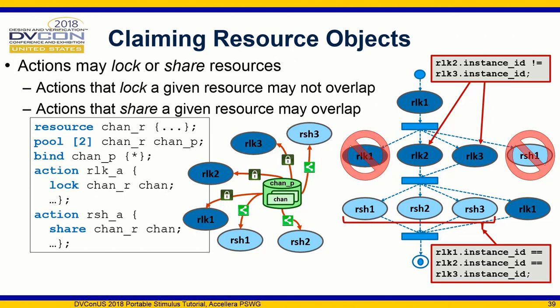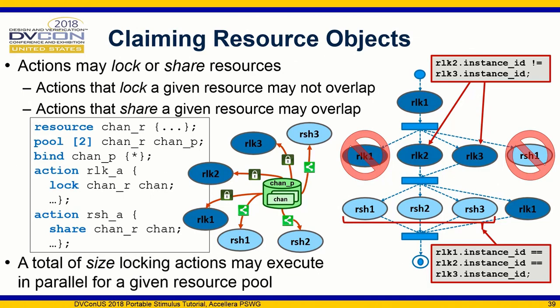Okay, so that's really what we have here. So again, there's a set of rules that you can use to define how can I customize my scenario based on the set of stuff that I have available in my system. So a total of size locking actions can execute in parallel for a given resource pool. And then you have the shares that you can fit in as necessary.